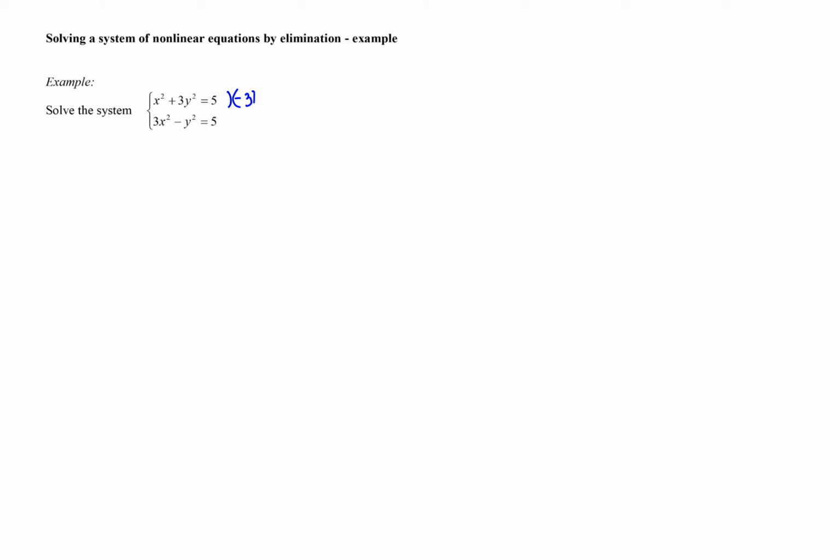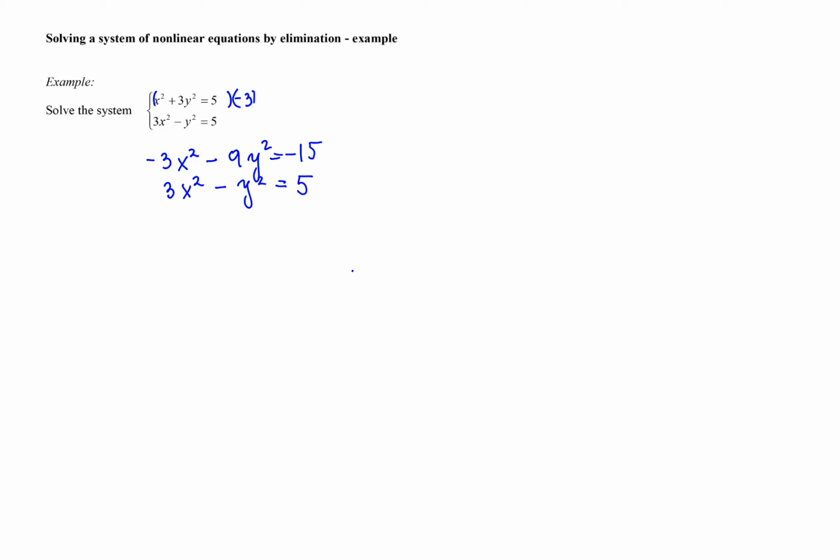If we multiply the first equation by -3, that equation is -3x squared minus 9y squared is equal to -15. And the second equation remains the same, 3x squared minus y squared is equal to 5.